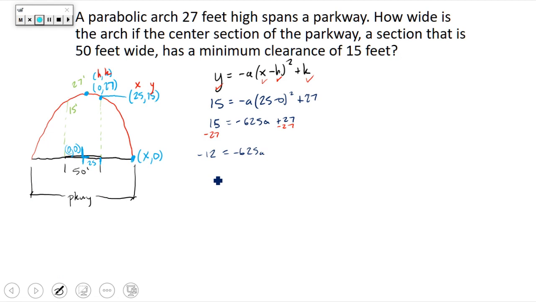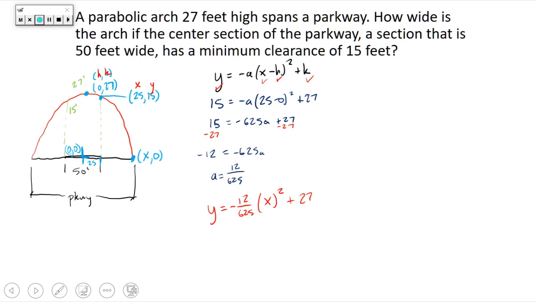And that a would be 12 625ths, which I don't believe reduces, even though they're both really nice juicy numbers. So a is 12 625ths. So if I want to write the equation of this parabola, which is not needed for the problem, it would be y is equal to negative 12 625ths x squared plus 27.